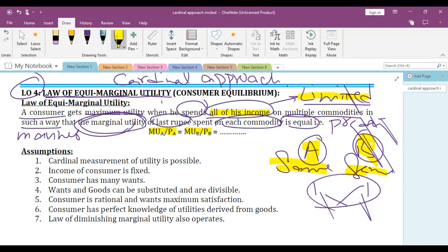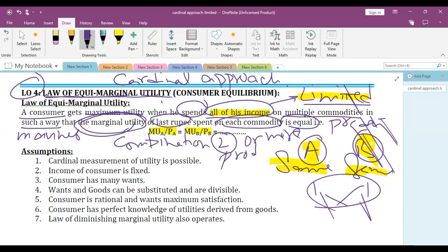So this concept relates with the combination of two or more products in order to maximize consumer need.